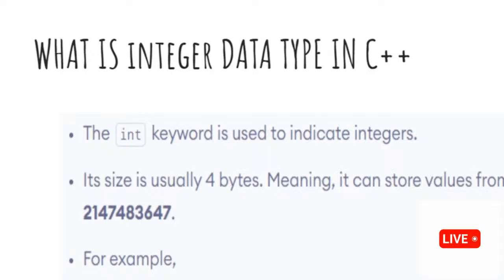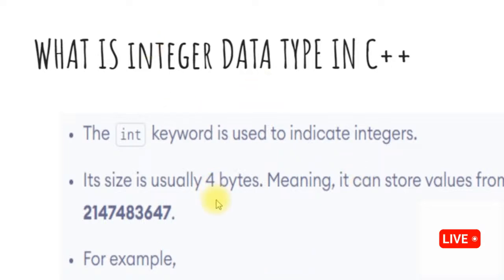So if we write int space salary and we assign value 85,000, what this statement will essentially do is 85,000 will be assigned to a variable called salary, and the data type for this variable salary will be integer. int is a fixed keyword that is used for declaring variables of integer type in C++.